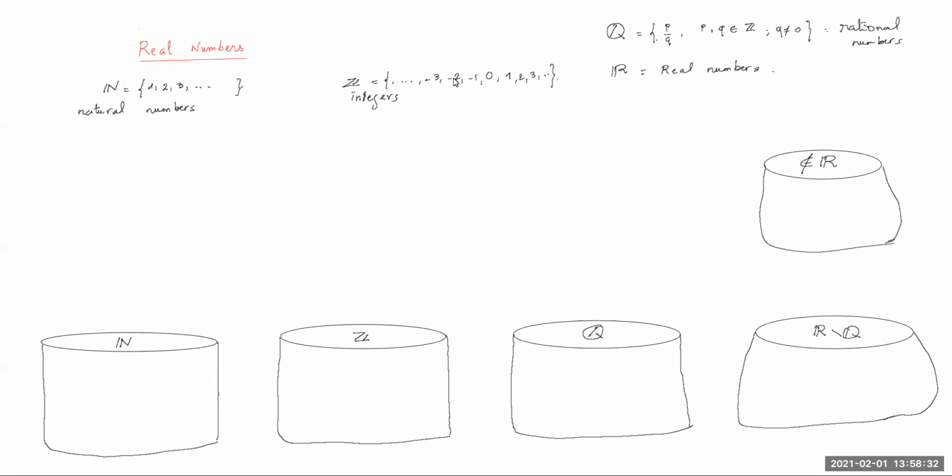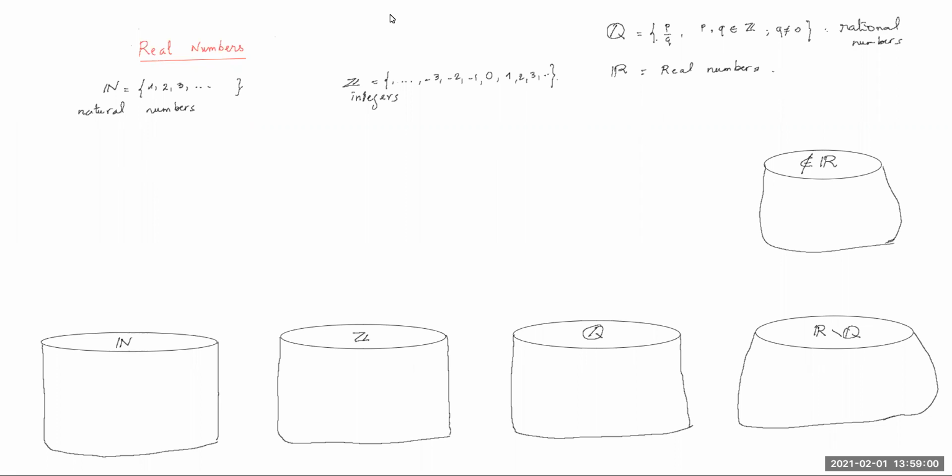What we show is that elements of Q, the fractions P over Q, are decimals where the decimal part is periodic, while for R we have other elements where the decimal part is not periodic. That's why it extends Q. So finally, we have the inclusion.